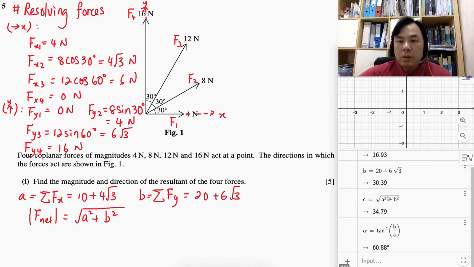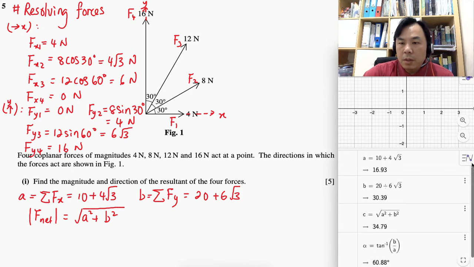Okay, so if you refer to my calculator here, just to show you again, since I'm using the same A and B here, you can see that if my A is this, my B is this, the square root of this would yield 34.8 Newton.